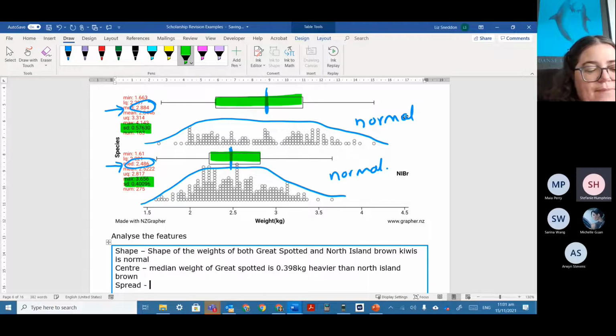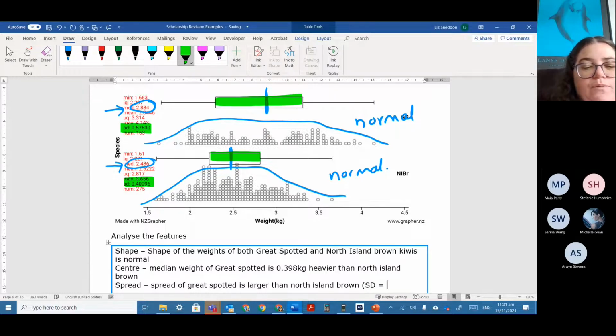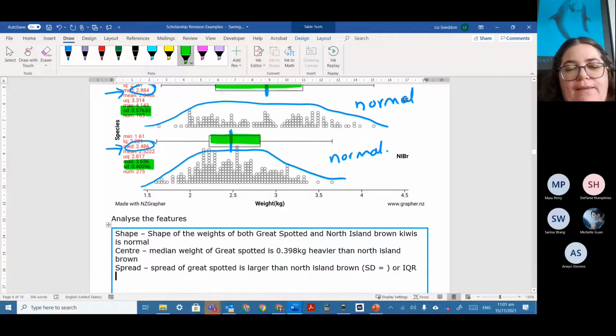That's all I want to say there. Spread of Great Spotted is larger than North Island brown, and that's when I would write down my standard deviation equals. Awesome. So there's shape, centre, spread, a very quick analysis of the features.